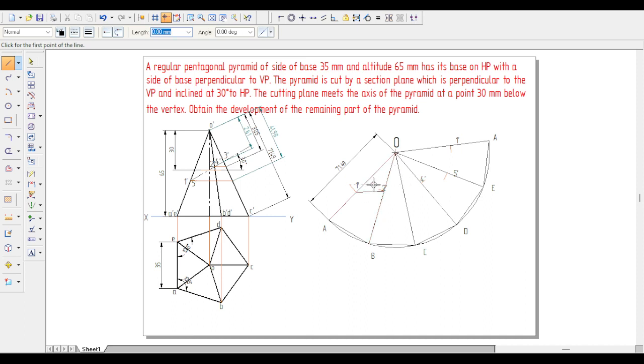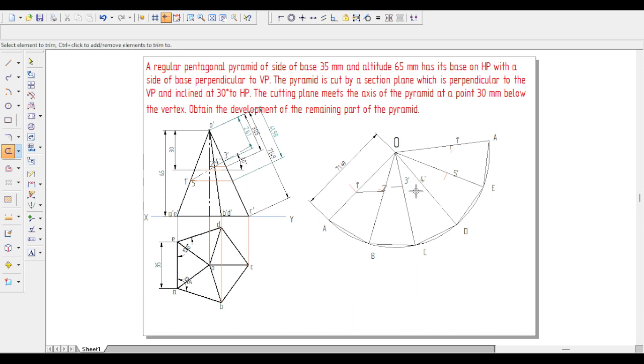We forgot to draw the point 3 here over the O dash and C dash, that is point 3, that is the distance is 26.1. 26.1 is the radius. Cut OC here, right? This is our 3 dash.